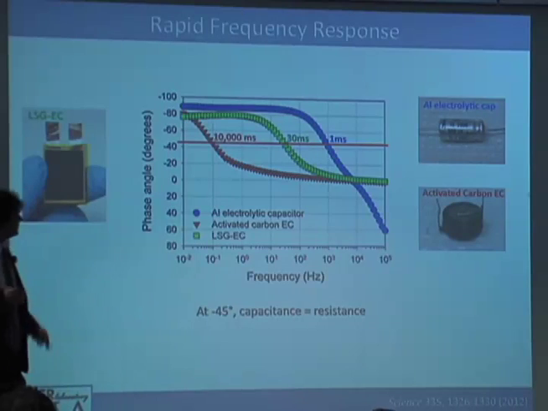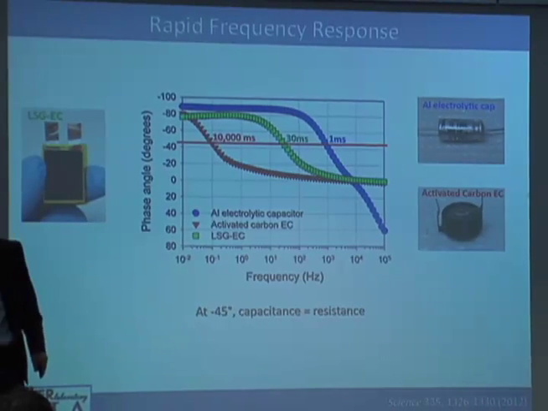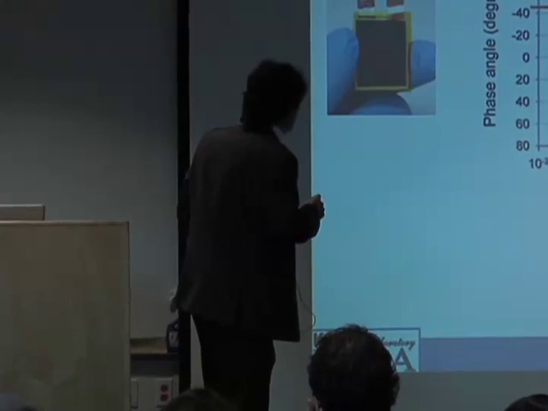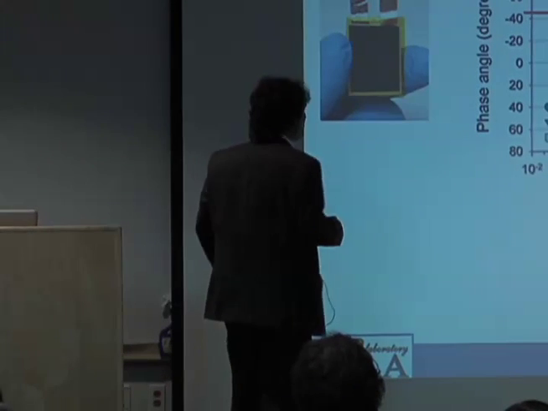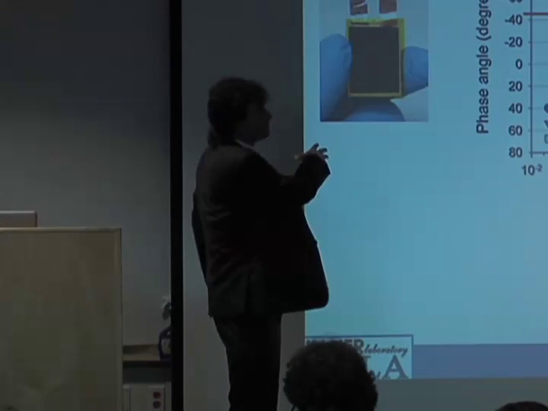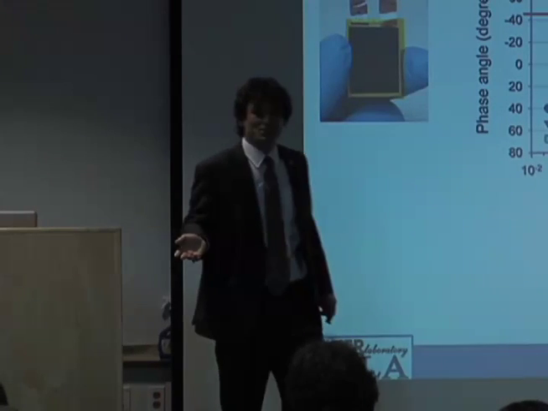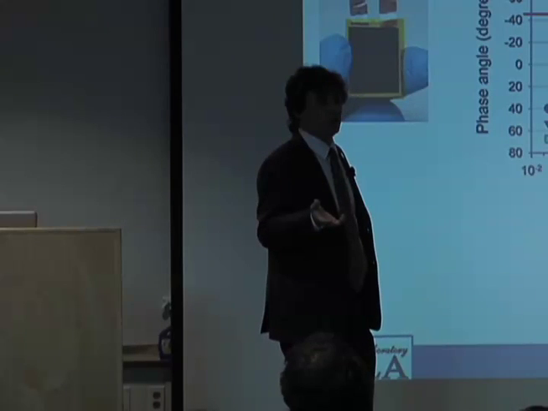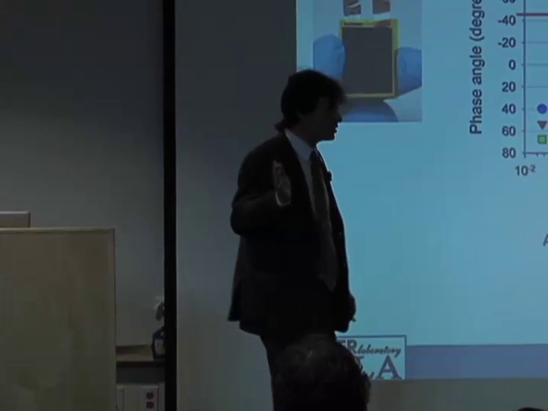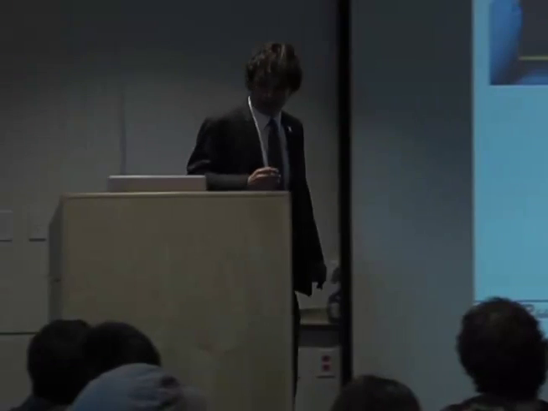So we're not quite as fast as these aluminum capacitors, but realize that aluminum capacitors don't store any energy. They're just very fast. And so you can think of using these for applications. If you multiply this by 4, you can figure out how fast you could charge one of these energy storage devices. So in much less than a second, you could completely charge a device if you so desired.